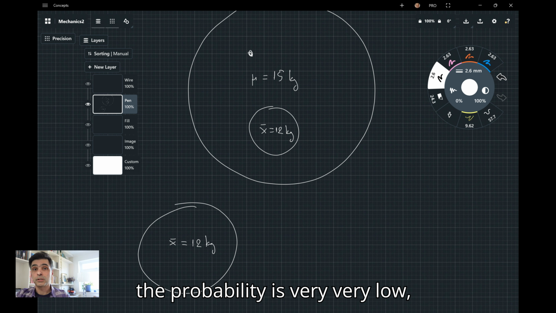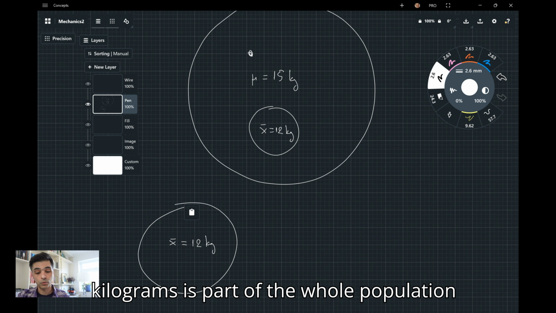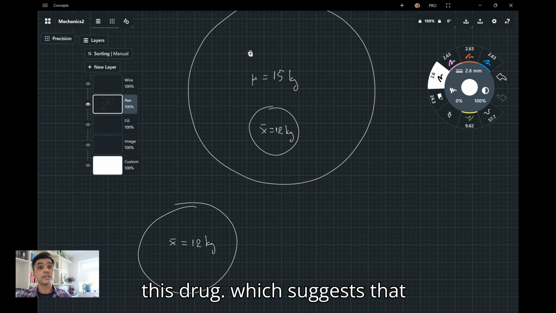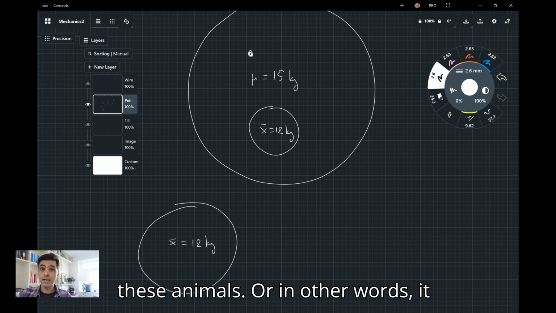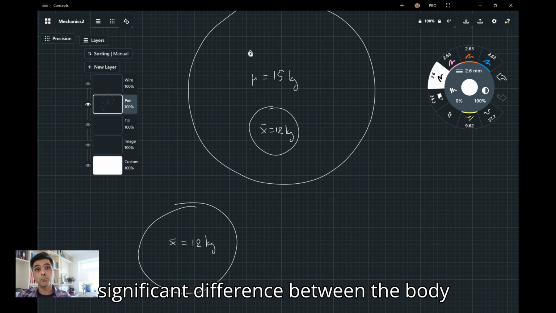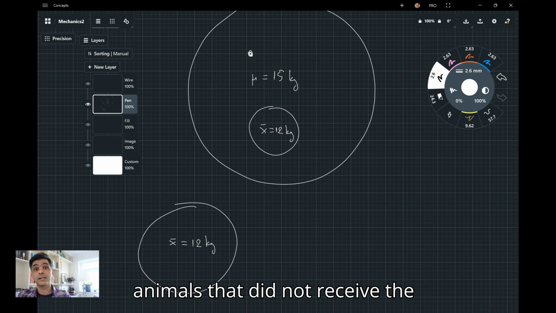Now, if the test finds out that the probability is very, very low, then we will conclude that it is very unlikely that this sample of dogs with a body weight of 12 kilograms is part of the whole population of England, which means that it is part of a different population, i.e. the population of dogs that received this drug, which suggests that the drug actually had an effect on these animals. Or in other words, it suggests that there is a statistically significant difference between the body weight of the animals that received the medication and the body weight of the animals that did not receive the medication.